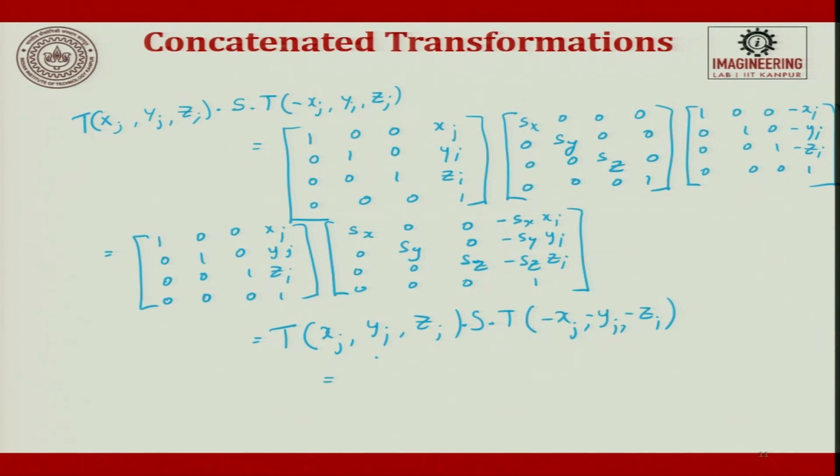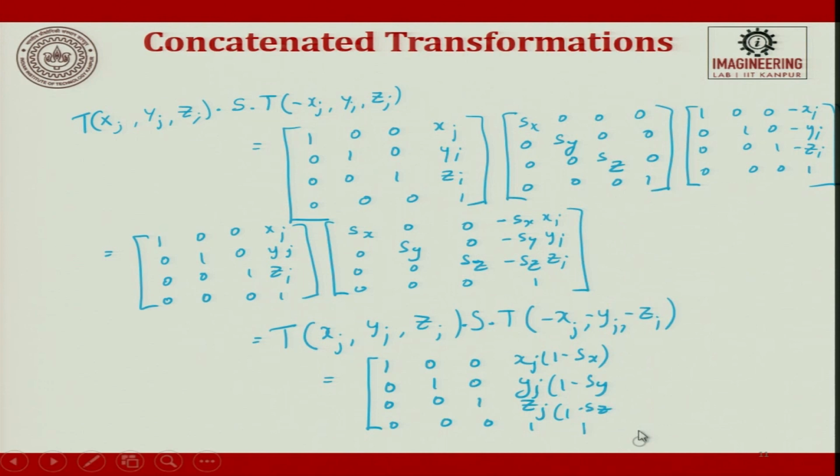So, this can be represented as 1 0 0 xj, 0 1 0 yj, 0 0 1 zj and 0 0 0 1, times the bracket 1 minus Sx times xj, 1 minus Sy times yj, 1 minus Sz times zj, and this will be 1. This is where we started; we have done the concatenated transformation for the given object.